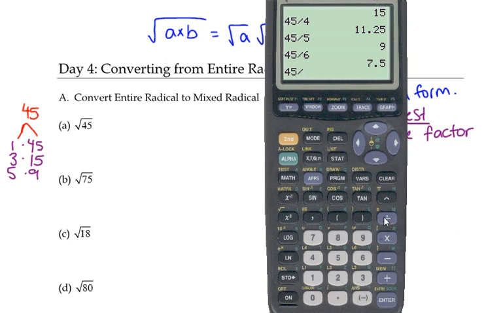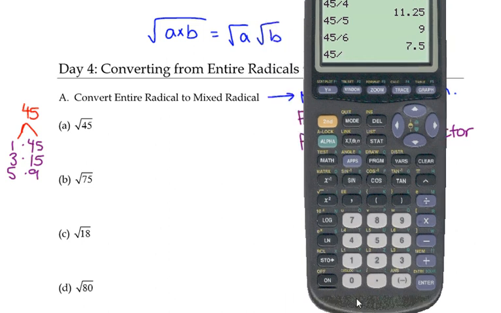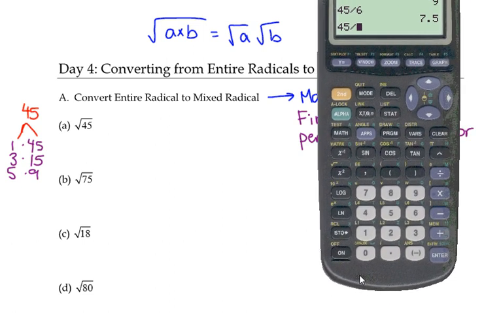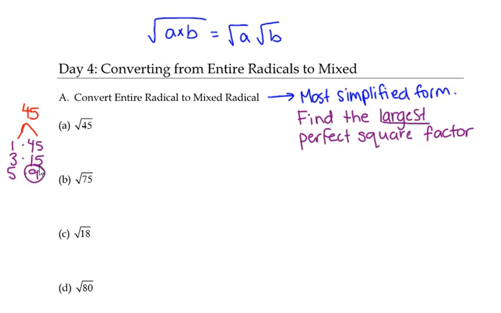Looking at this, what's the largest perfect square factor? Remember, these are our perfect squares. So 9 is the largest perfect square. We break it up into root 9 times root 5. I like to always put the perfect square first, so 9 times 5.